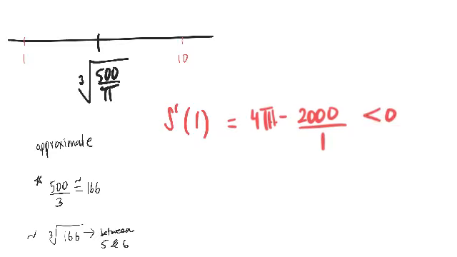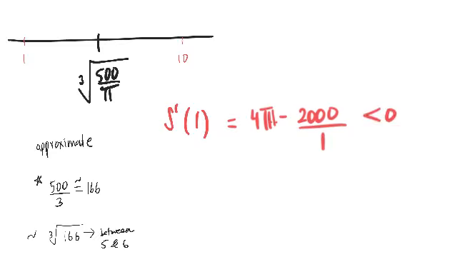S prime of 10 is 4 pi times 10 minus 2000 divided by 10 squared. This is 40 pi minus 20, right? That's definitely greater than 0. So we've established that there is a sign change of s prime at the cube root of 500 over pi, and s, therefore, is decreasing and then increasing. There is only one critical point, so I'm going to remind you off to the side, only one critical point.